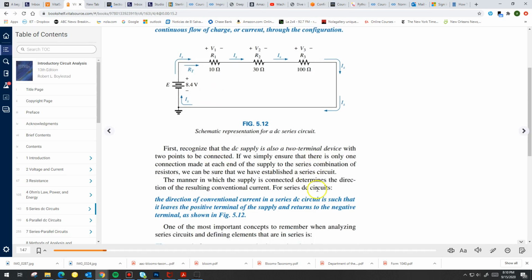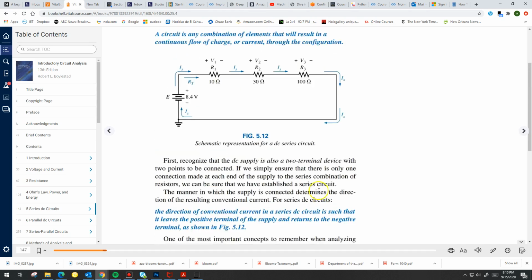All right. Another way then of saying that circuits are connected in series is that the current is the same throughout the circuit. In other words, if I measure the current right out of the battery, it'll be the same current that I will measure between R1 and R2. It will be the same current that I will measure between R2 and R3.